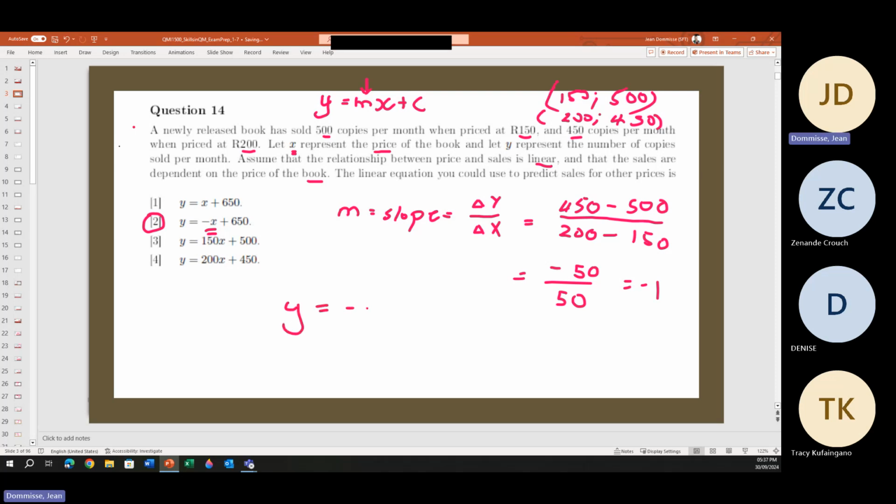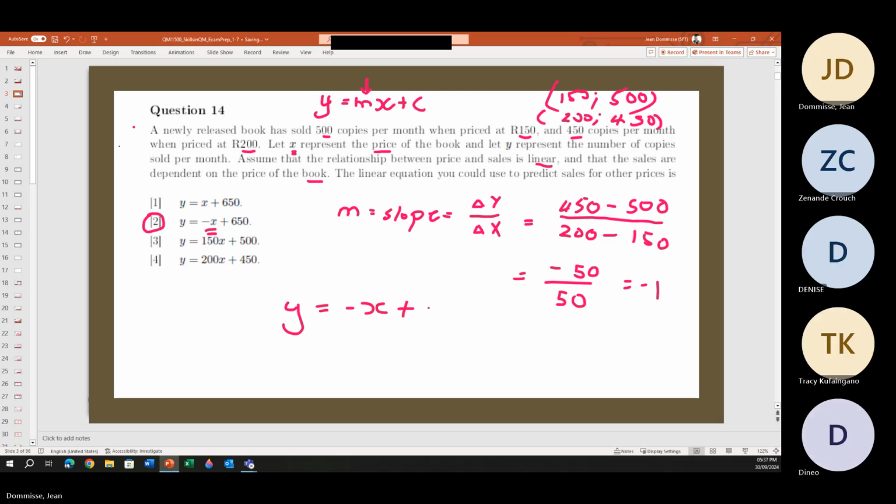So our formula is then slope negative 1 x plus c. I can use any one of those two points to put into that straight line, so that we can see if we get to any of those options.